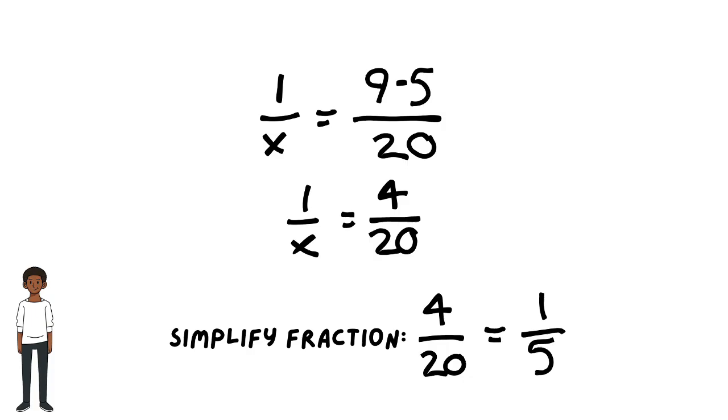Step 5. Keep the common denominator of 20 and subtract the numerators, 9 minus 5. 9 minus 5 equals 4, which gives us 1 over x equals 4 over 20. Notice that 4 over 20 simplifies directly by dividing the top and the bottom by 4, leaving 1 over x equals 1/5.